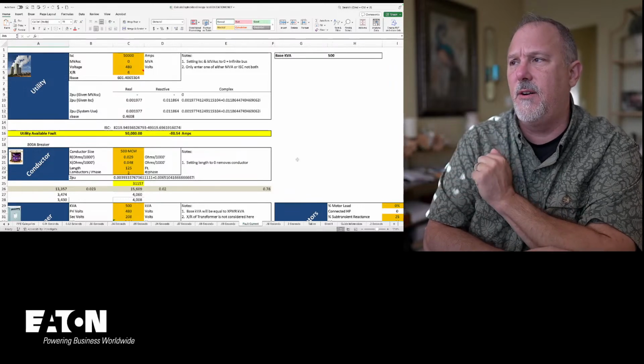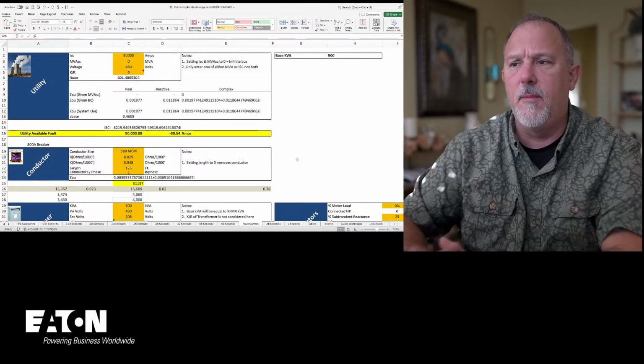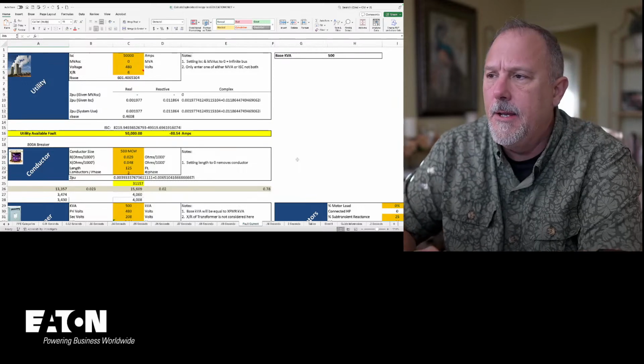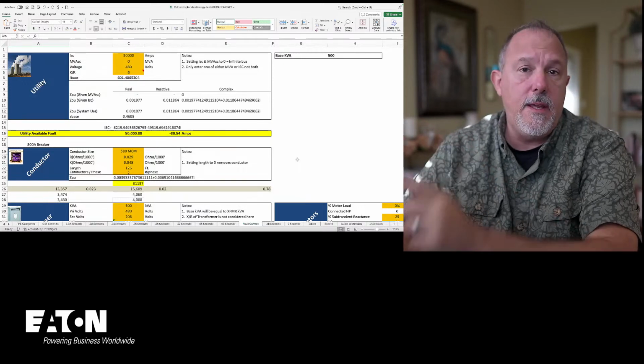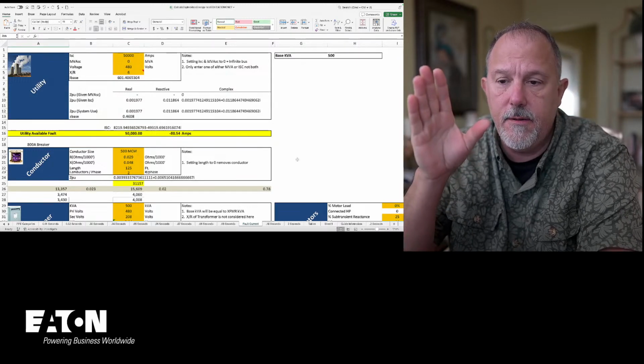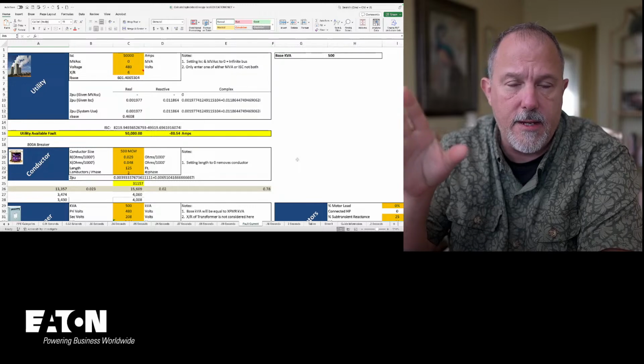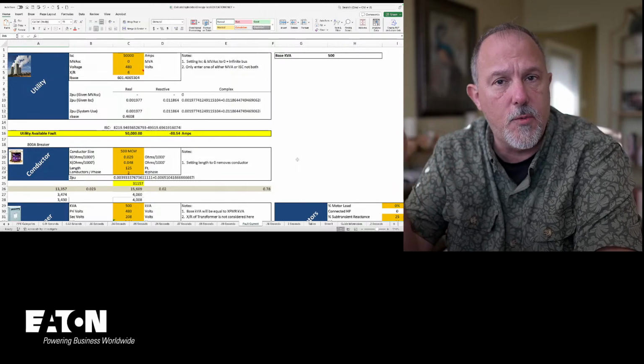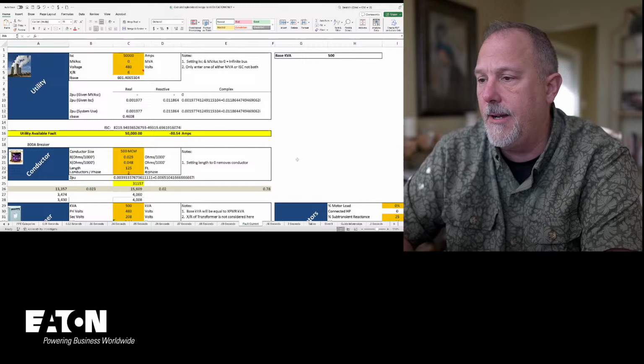I did this a while ago, and it's available on my website for those who register. But I took the incident energy. I have an incident energy document that calculates calories per centimeter squared based upon a configuration.